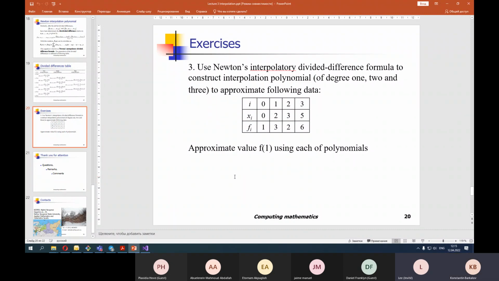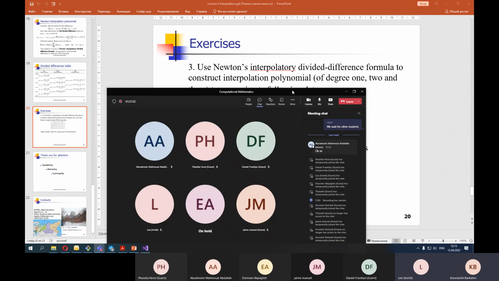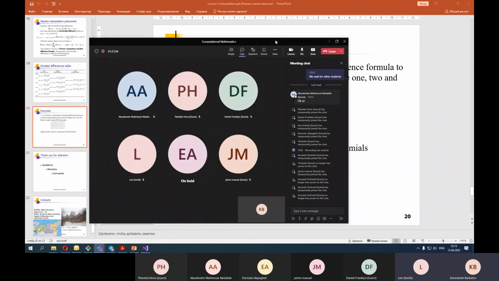Well, if you have no questions, let's finish our lesson. The next lesson, I hope, will be in the usual way, in a mixed mode in the room where I will have a board with chalk where I can write these formulas and give more detailed explanation.